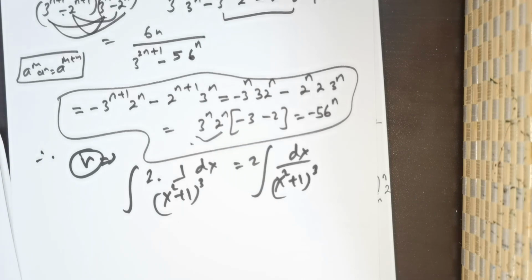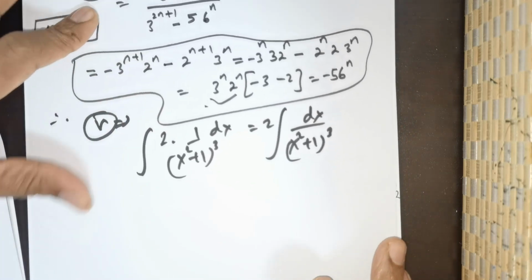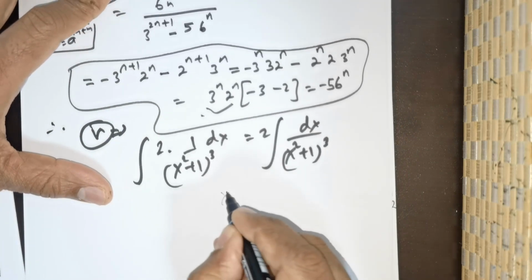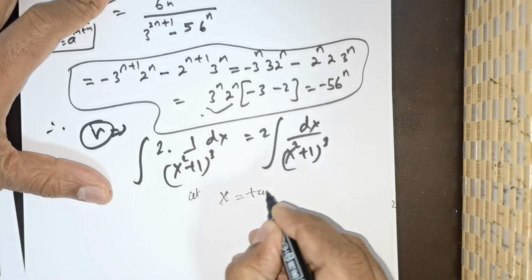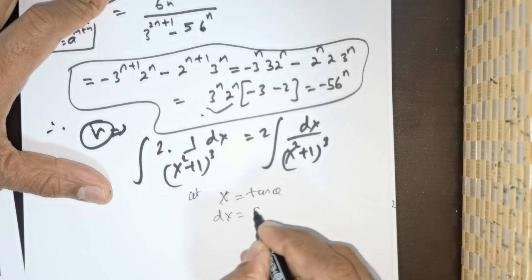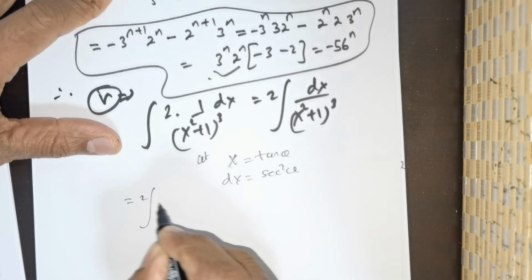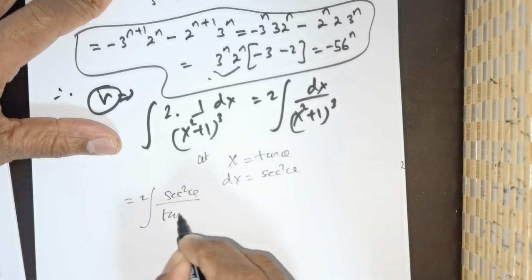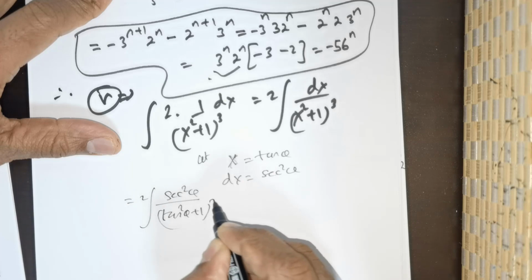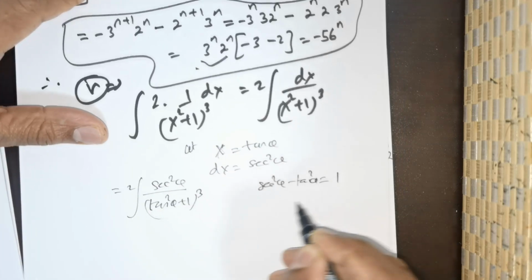Now what I'm going to do is let x be equal to tan theta. Then dx is equal to secant square theta d theta. So this is 2 times secant square theta over (tan square theta plus 1) raised to the power of 3, but secant square theta minus tan square theta is equal to 1.